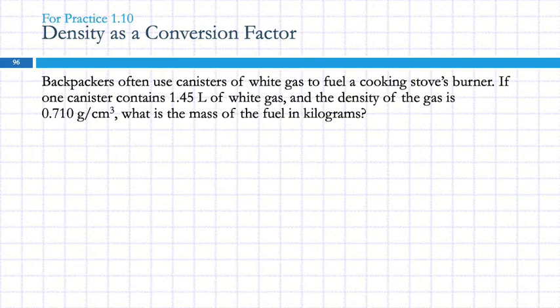My experience is that a lot of students aren't so great at rearranging equations, especially solving for a variable in the denominator like volume. You do not have to ever rearrange the density equation because density is just a conversion factor.